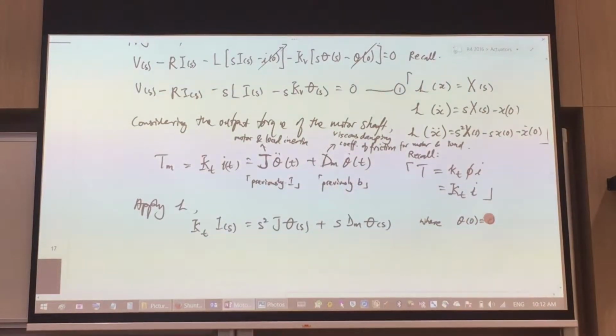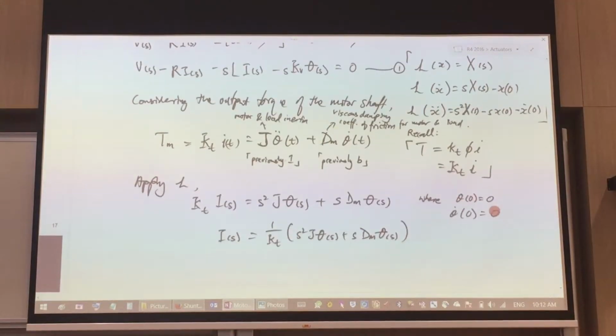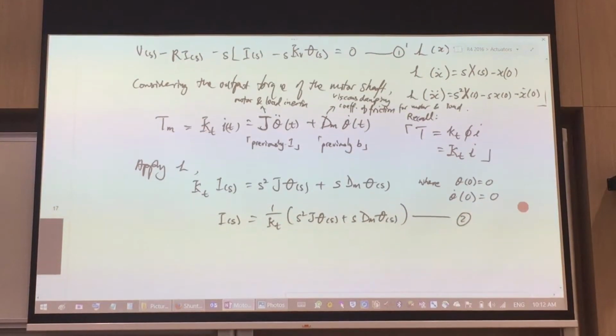This one is equal to 0, that's why after the Laplace transformation it doesn't appear over here. Your theta dot is also equal to 0. So it's simplified to this form, and I can express I(s) as the subject, 1 over KT and the rest of it. I call this equation 2.